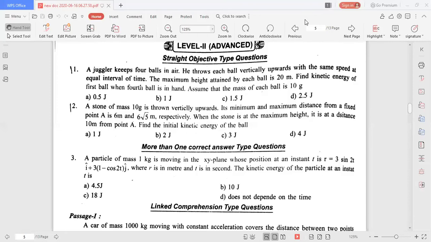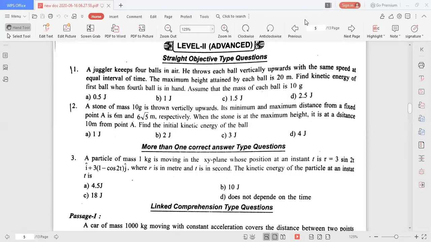Therefore, what is the kinetic energy? They asked for the kinetic energy of the body. Kinetic energy is equal to half m v square. If you take the magnitude, it is the square root of this square plus this square, but a time function would remain if you do so, and time is not mentioned.